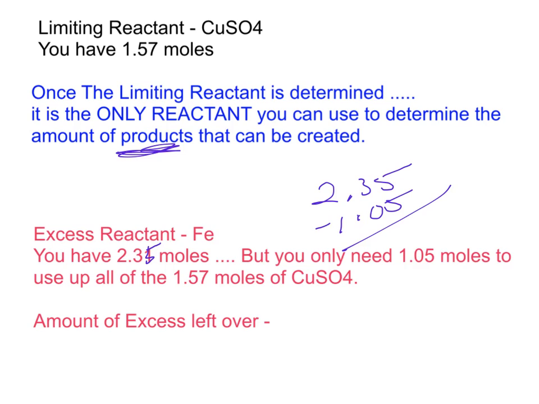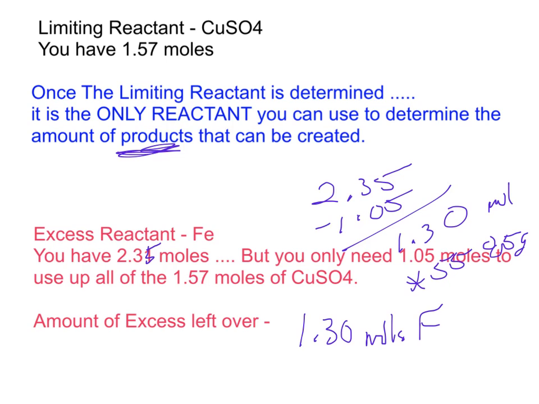That leaves me with about 1.30 moles. If they wanted that in grams, I would multiply it by 55.85 grams of iron, just like we did before, moles to grams or grams to moles. So the excess I have left over is 1.3 moles of iron.